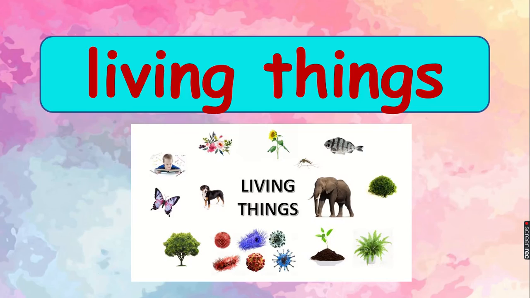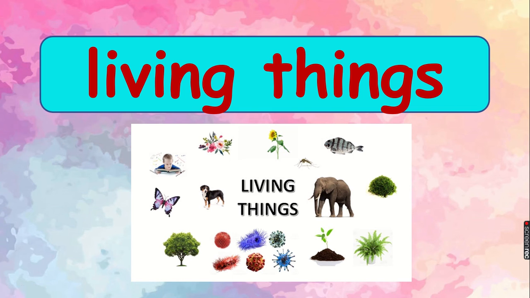So here we go. First keyword was living things. You all know what living things are. The first thing we talked about were living things and non-living things. Living things are those that have the 7 characteristics of living things, those things that have life, from the smallest ones to the biggest ones.